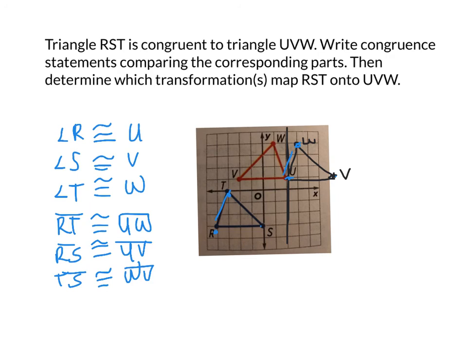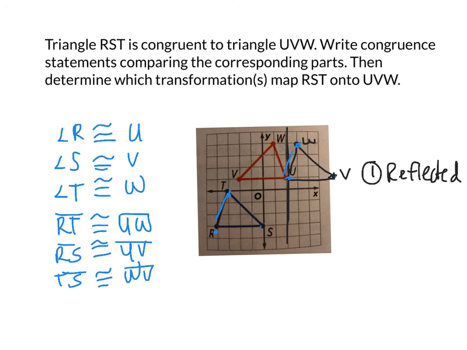Now I'm going to talk about what I would do to prove that these two are congruent. So again, using my transformations. I reflected my shape first, and now I would need to translate it.